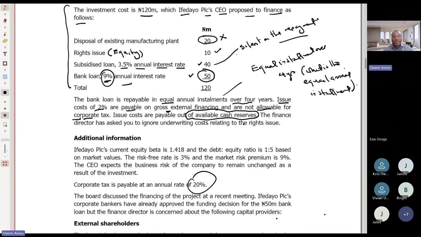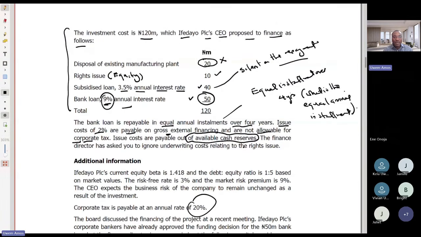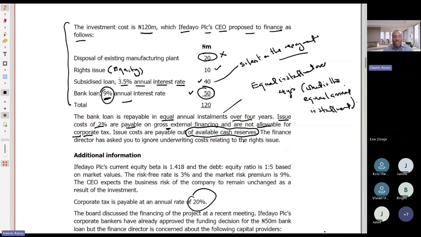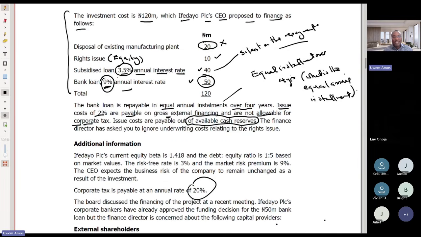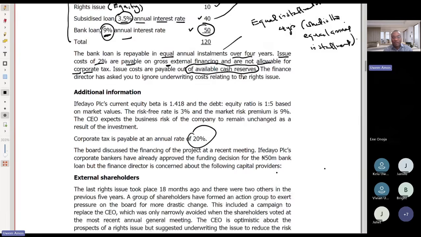They would have paid an interest of 9%. But because they're going for a subsidized loan, they are paying 3.5%. So how much are they saving from that decision?